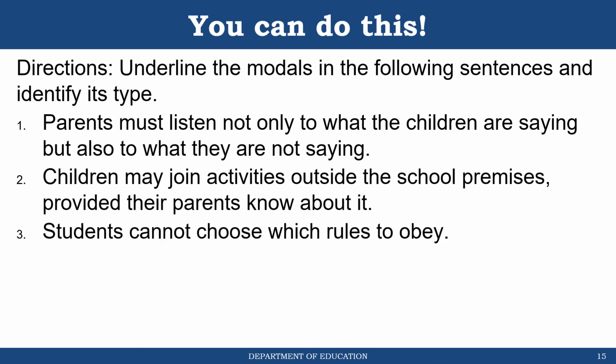Number 3. Students cannot choose which rules to obey. So what is the modal in sentence 3? Write it now on your paper. At the same time, you have to identify the type of that modal you have identified.